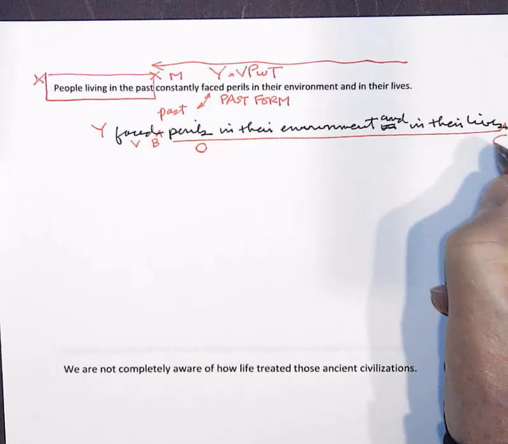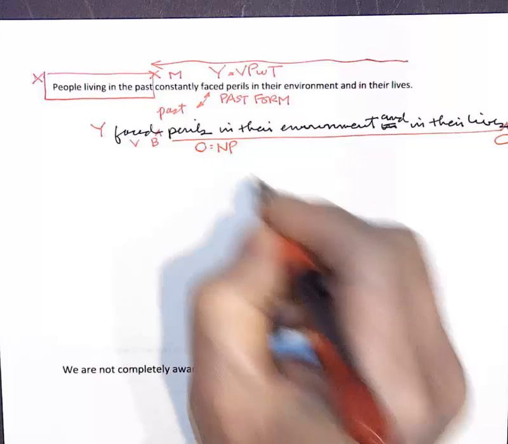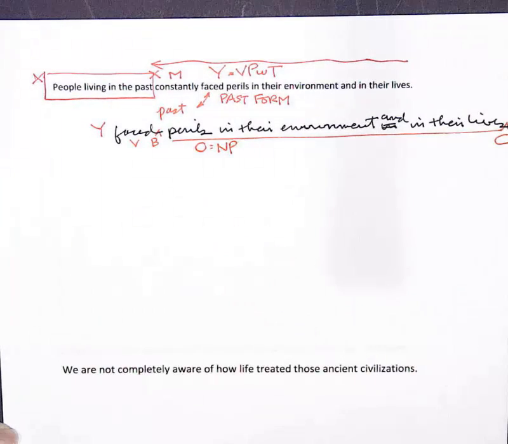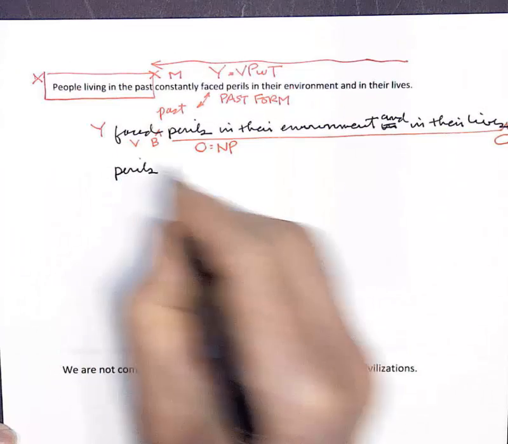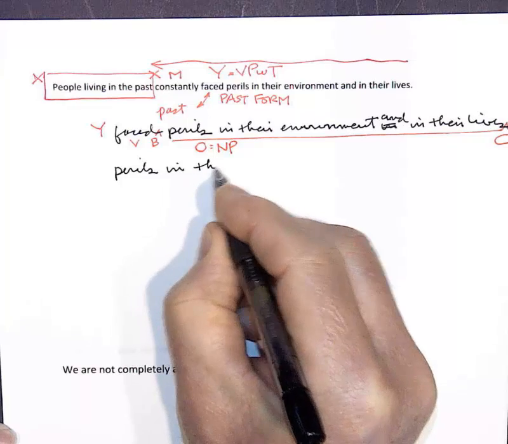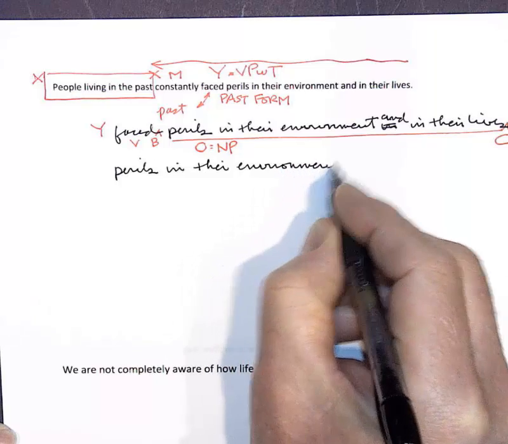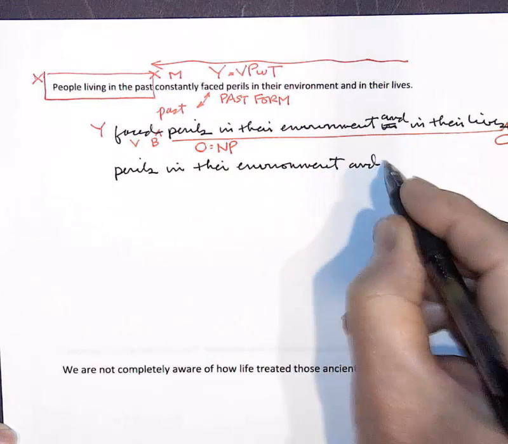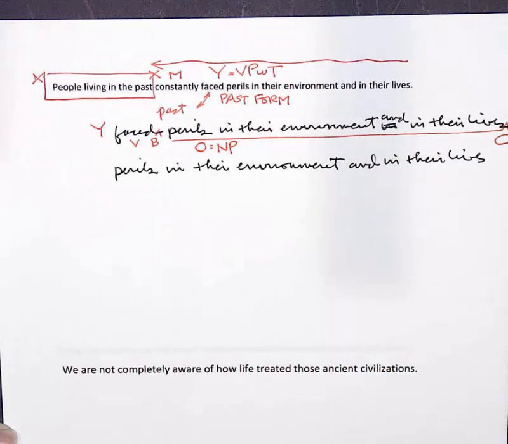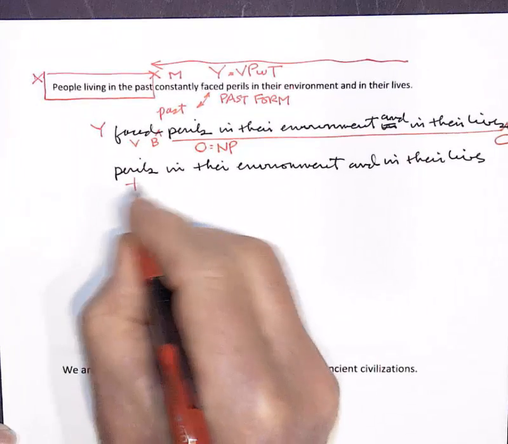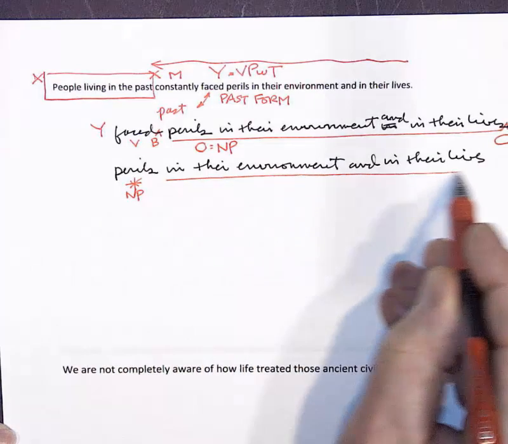And I'm going to say the complement place is empty. Perils is a noun phrase. And let's rewrite that. Perils in their environment and in their lives. And I'm going to analyze it as a noun phrase with a modifier.